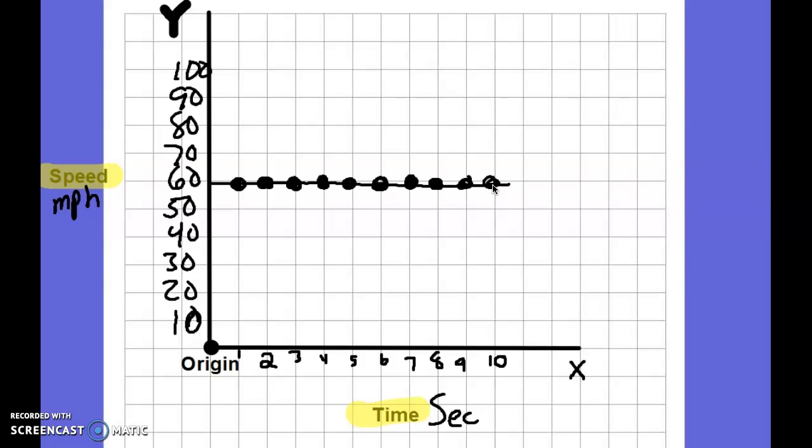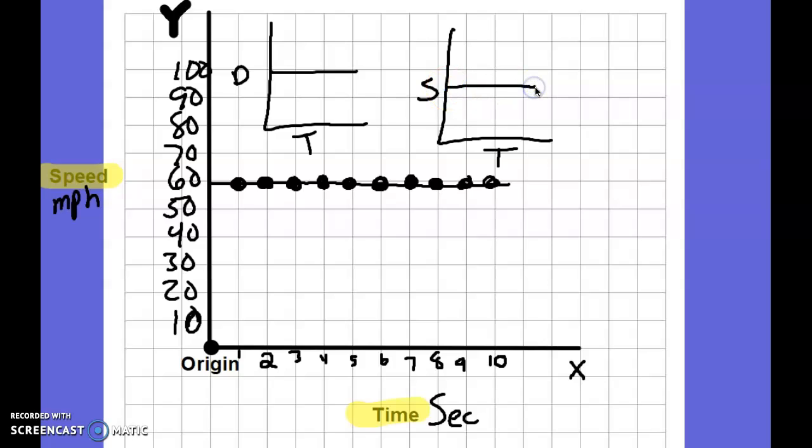And we just work our way and we think about what's going on in the graph. Now, we know that we have two different types of graphs. We have a distance time graph, and we have a speed time graph. And these graphs may look exactly the same, but we know that they are actually completely different. One of them is not moving. One of them is moving.